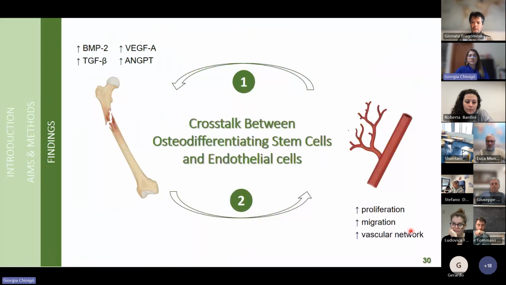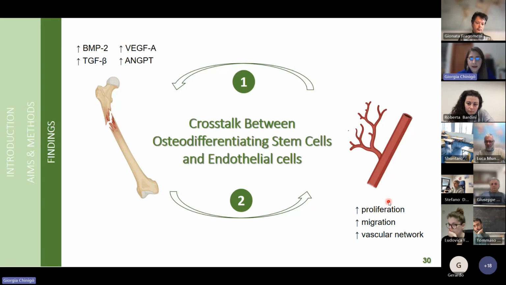Now, summing up, what we demonstrated was that on one hand, endothelial cells promote osteogenesis by enhancing the expression of some factors that are involved in the osteodifferentiation of stem cells, and at the same time promote the expression of pro-angiogenic factors that, in a virtuous loop, stimulate the recruitment of endothelial cells, and so their proliferation, their migration, and their vascular network formation.